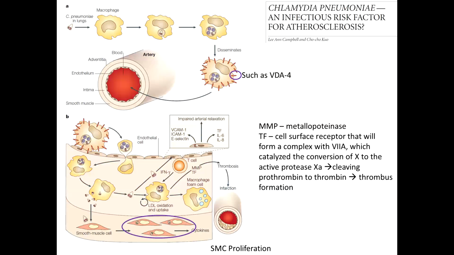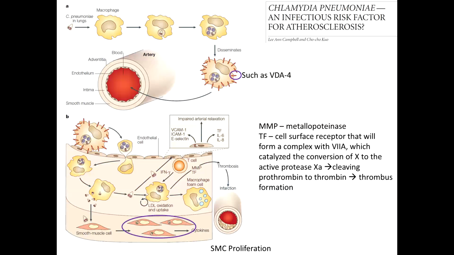Those EB bodies are released from that monocyte, which is probably now a macrophage, but right here is depicted as a monocyte. And those EB bodies can actually migrate into the smooth muscle cell. So now, not only do we have these EB bodies in our monocytes turning into macrophages, we also have them in our smooth muscle cells. Very interesting.